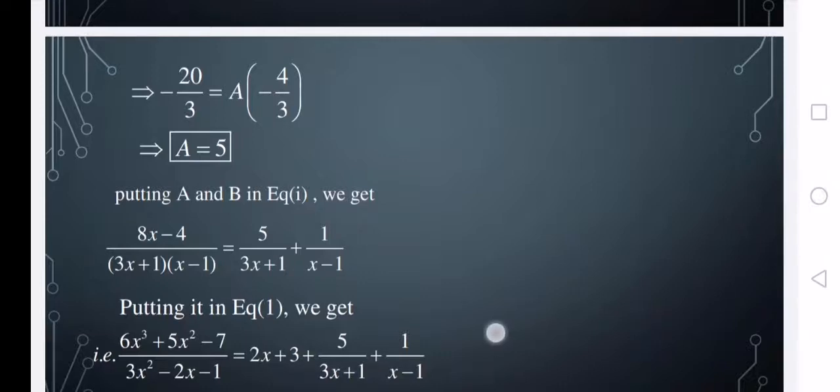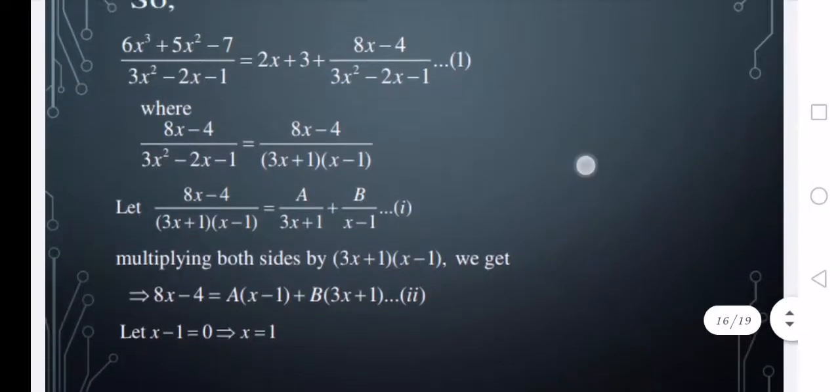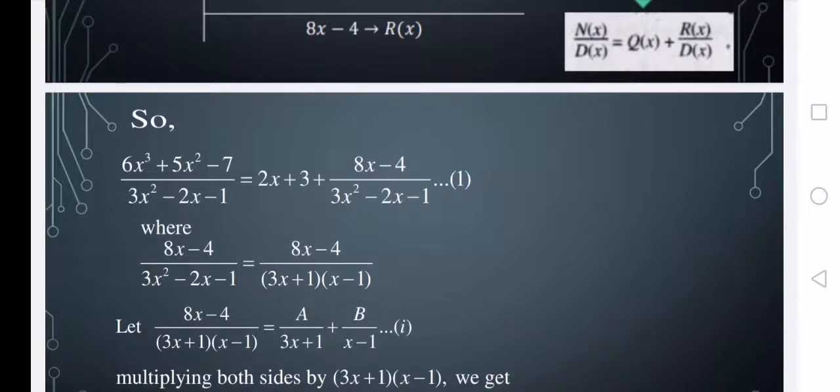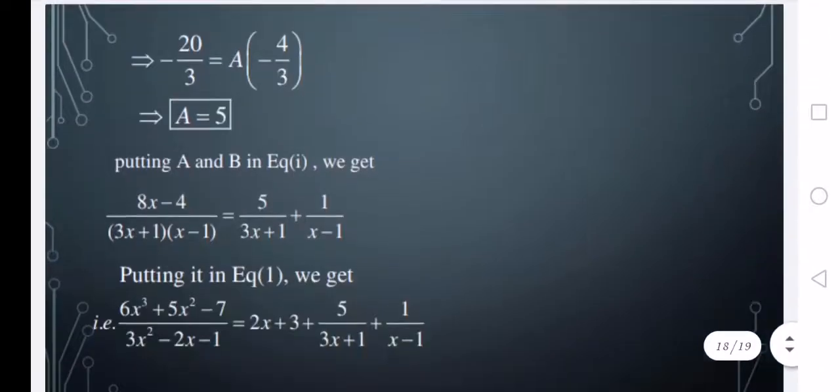The resulting fraction which we just obtained after converting the given improper fraction into a proper fraction is this one, that is equation number 1, 6x cube plus 5x square minus 7 divided by 3x square minus 2x minus 1 is equal to 2x plus 3, plus in place of this 8x minus 4 divided by 3x square minus 2x minus 1, we will write its partial fractions, and we will get 2x plus 3 plus 5 divided by 3x plus 1 plus 1 divided by x minus 1.